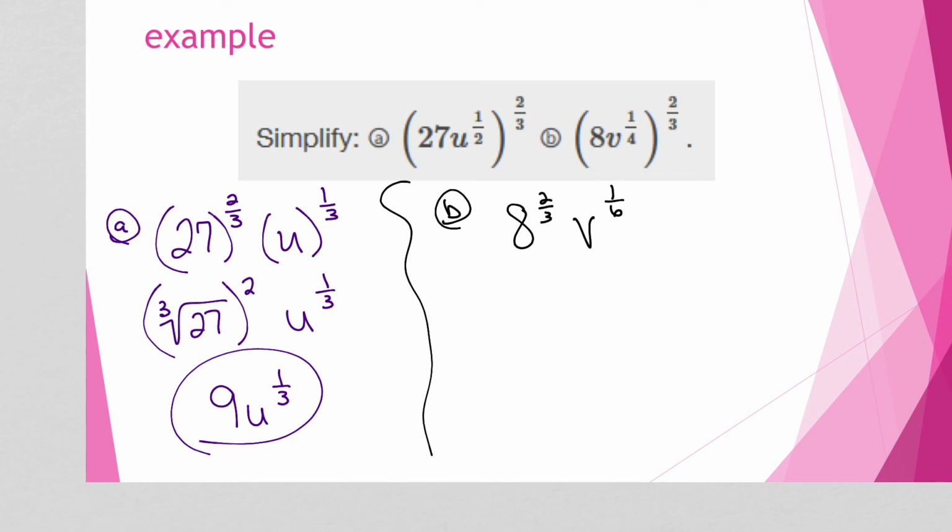All right, so now let's do the cube root of 8, and we're going to square that, and then v to the 1/6 power. Now, the cube root of 8 is 2, and then 2 squared is 4. And there we go. We're done.